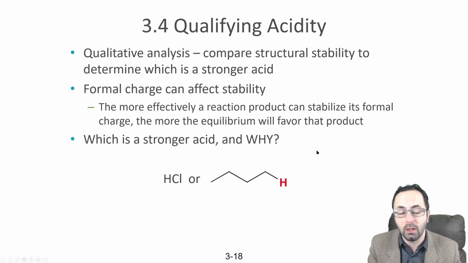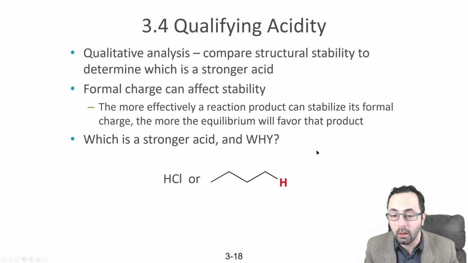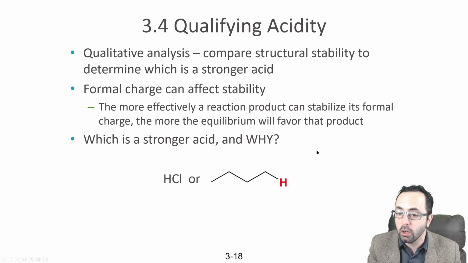We can actually compare the acidity by simply looking at the structures and using our knowledge of the relative stability of ions and resonance structures to determine which will be the stronger acid and which will be the weaker acid. And that's what we're going to do in the next video. I'll see you there.